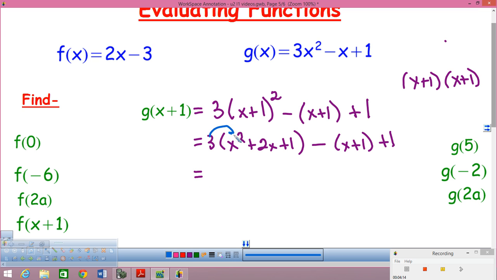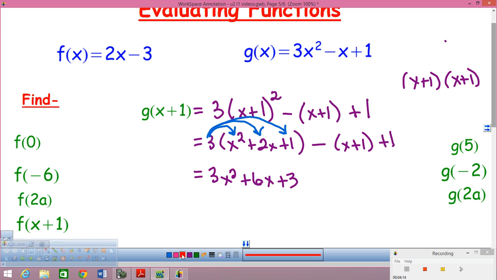I'm multiplying times this, and times this. 3 times x squared is 3x squared. 3 times positive 2x is 6x, so plus 6x. 3 times 1 is 3, so plus 3.